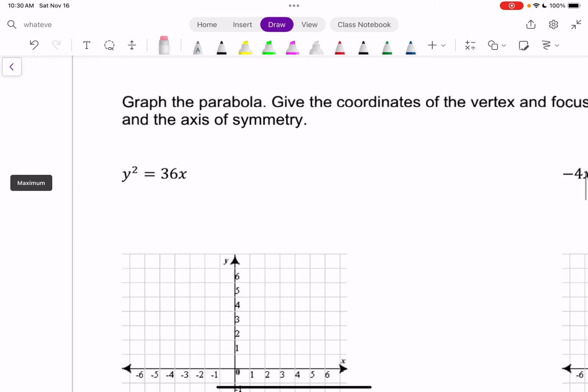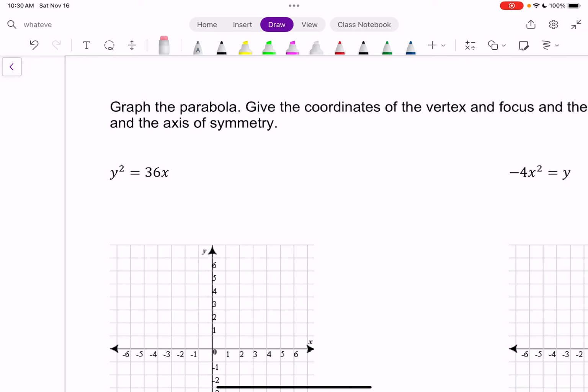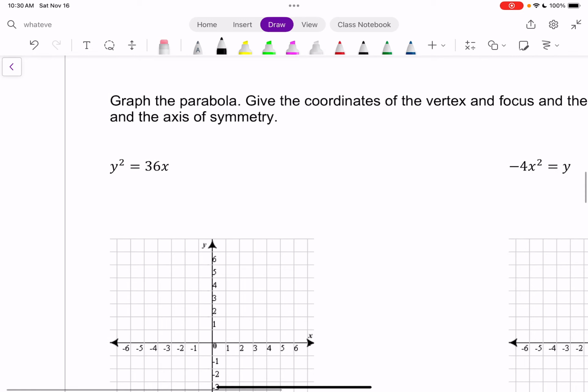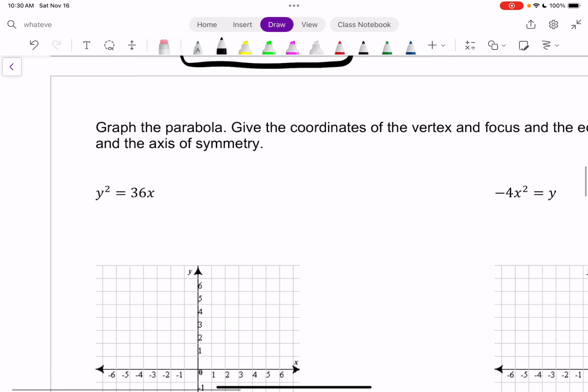So here it is. Let's just get used to this. This is in the perfect place. The coefficient is on the side of the x. So if I match this up to the kind of equation that I'm supposed to have, then 4p has to equal 36. Therefore, p is equal to 9.